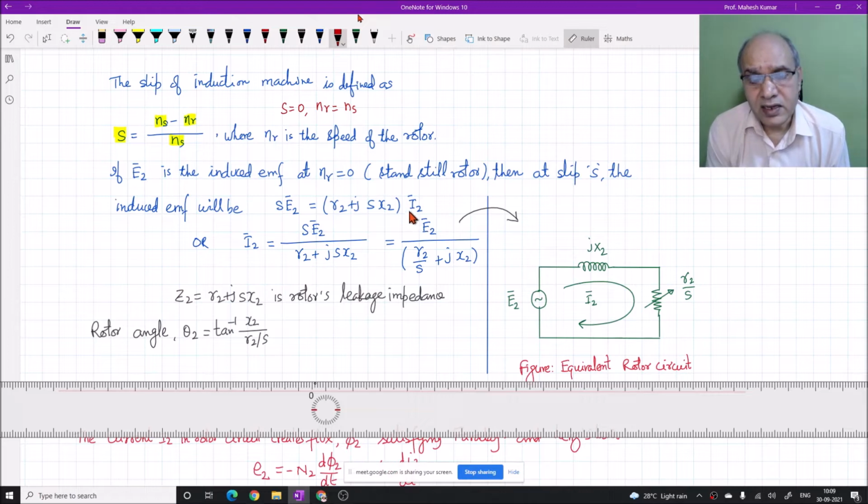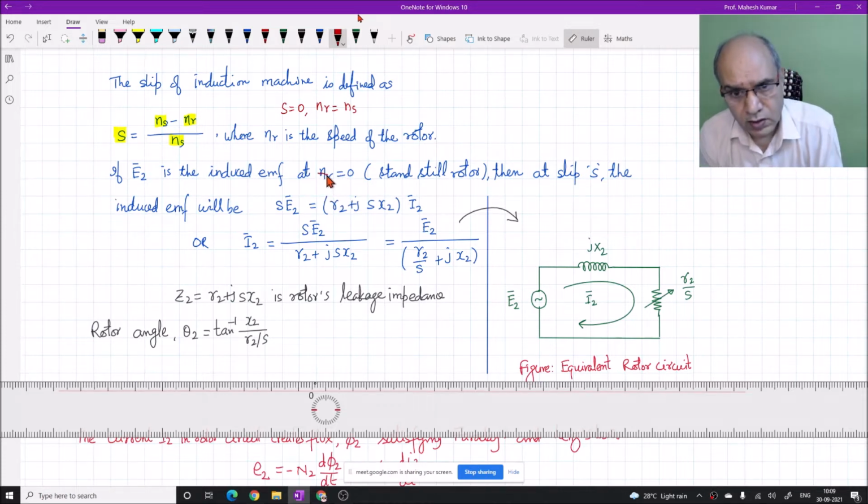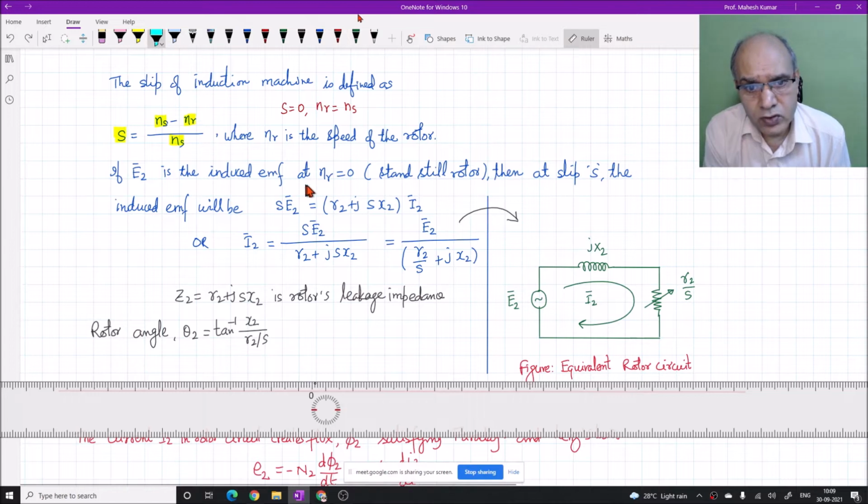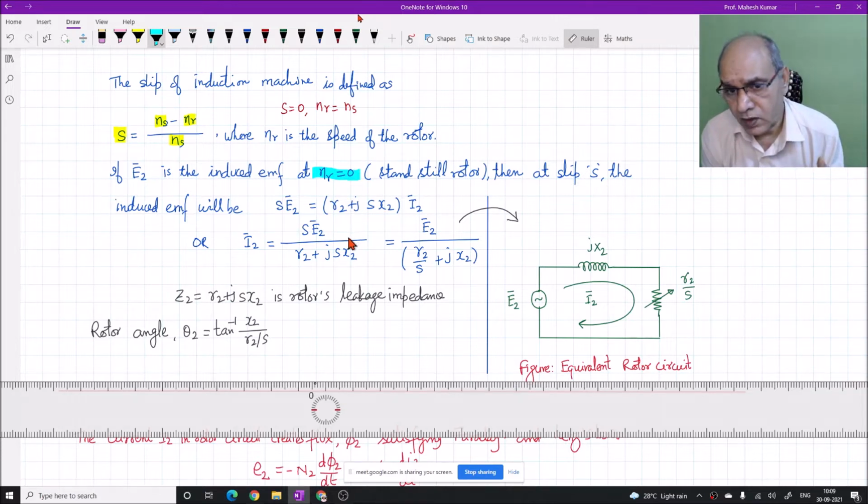Now when the rotor is not rotating, let us say Nr equals 0. When Nr equals 0, the rotor is at standstill, then the flux linkage to the rotor conductors will be highest, and therefore the induced EMF will be highest, that will be E2.